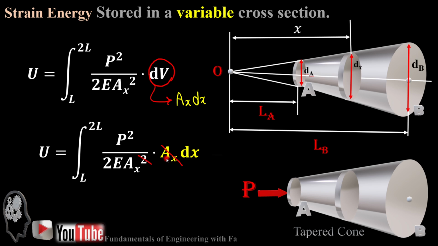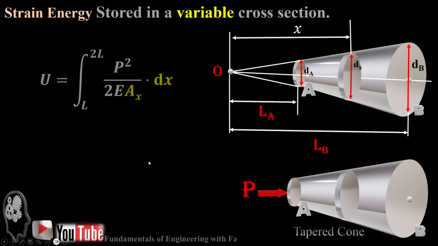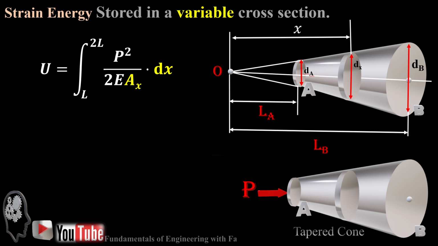If you simply replace dV by Ax dx, one of the Ax in the numerator is cancelled out by one of those two Ax in the Ax squared in the denominator. Then if you simplify the equation, it gives you U equal to the integration from L to 2L of P squared over 2E Ax dx.